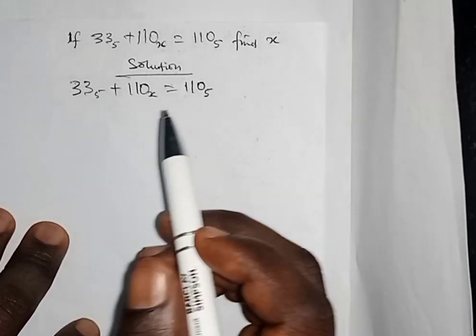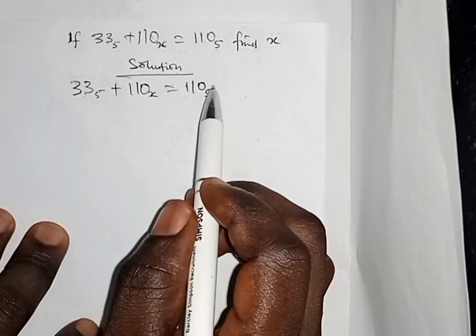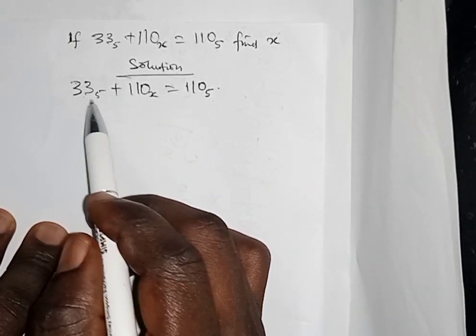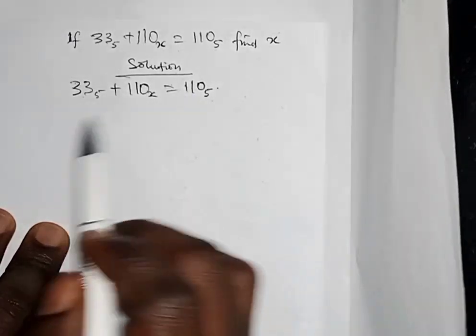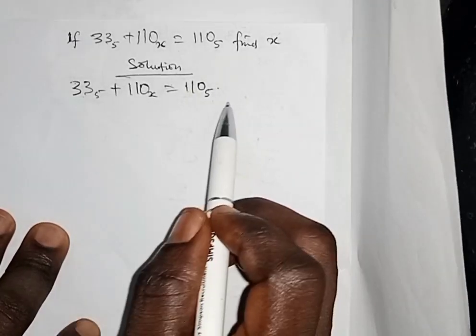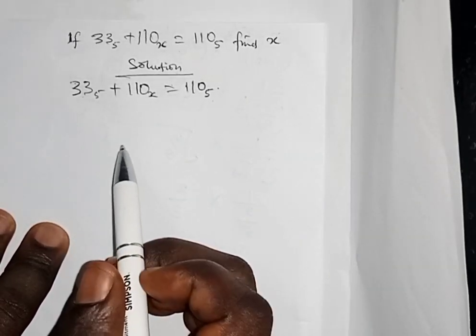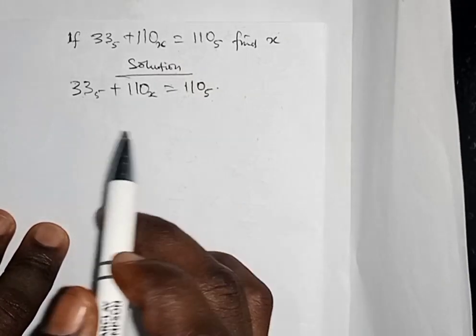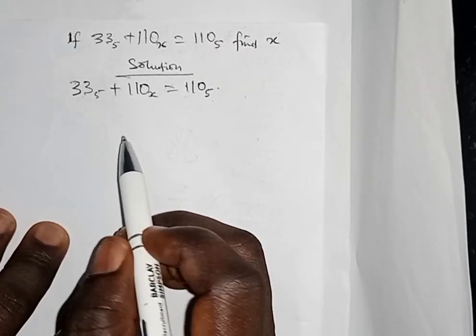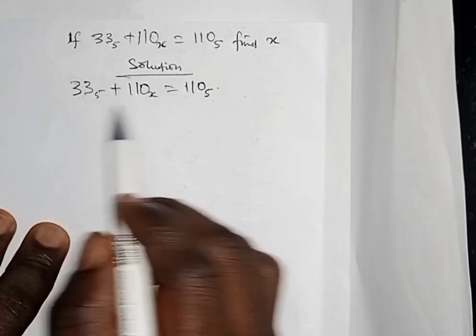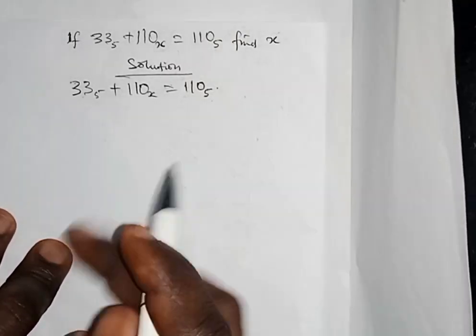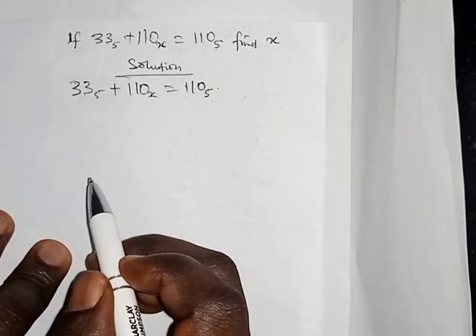One method is to move this one to this side and do 110 base 5 minus 33 base 5, since both of them are in the same base, and then proceed with the evaluation. But for the sake of clarity in this video, I'm going to use the second method, which is to convert the three values to base 10, and once I am done converting, I can proceed to evaluate from there.